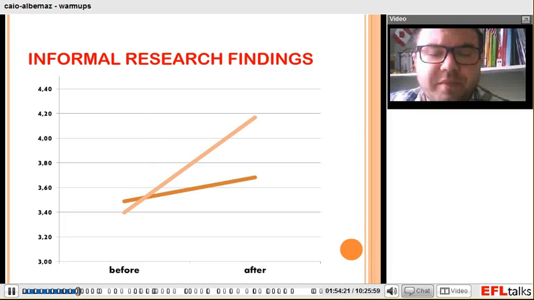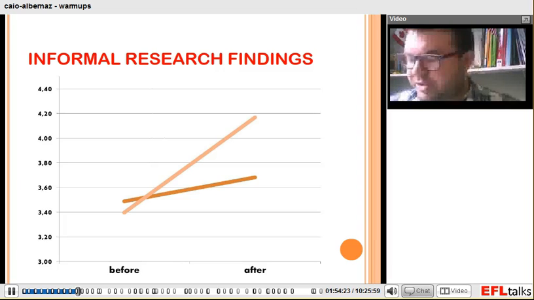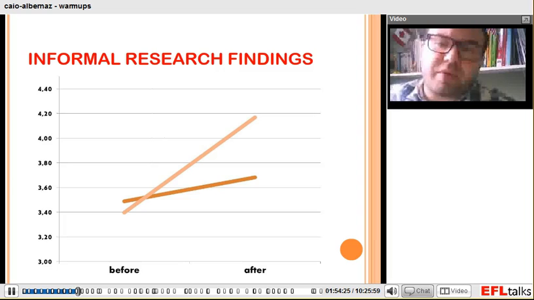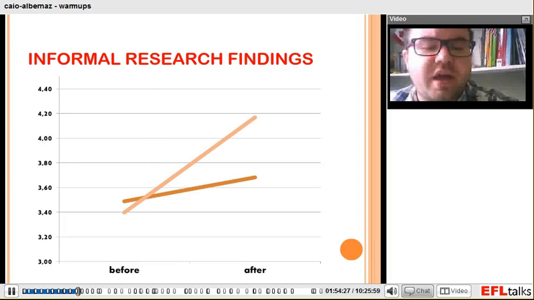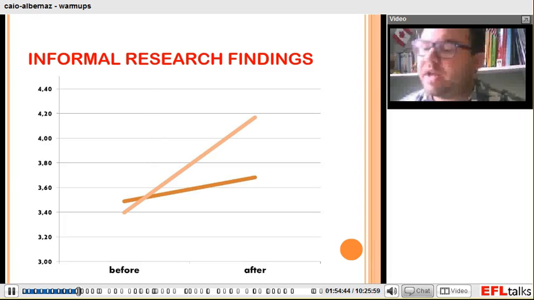Something else that I did with my students was to come up with a survey where, before the lesson and after the lesson, they answered a few questions. The pre-lesson questions would be things like how their day has been, their mood of the day, and how they felt about having English lessons on that day.